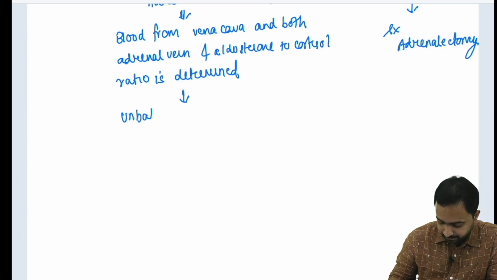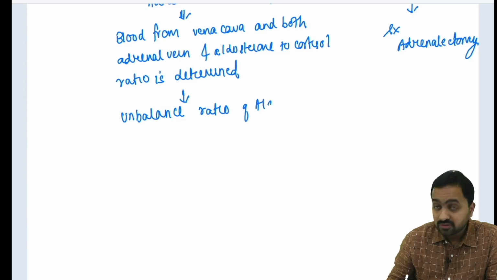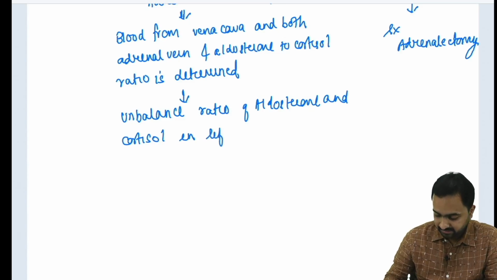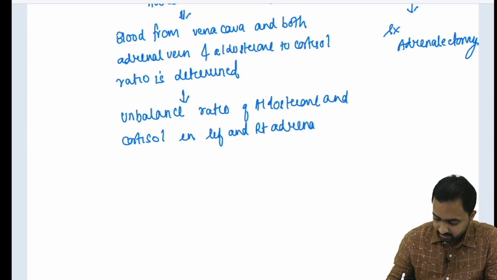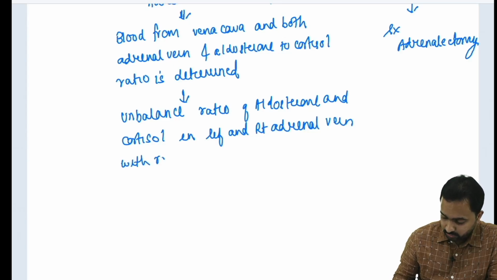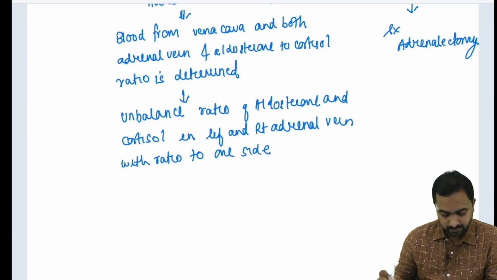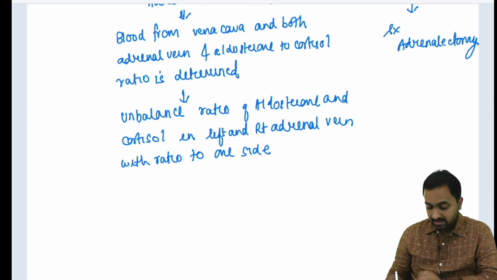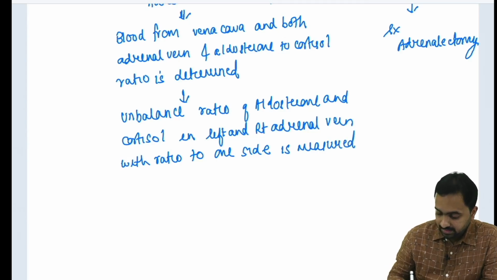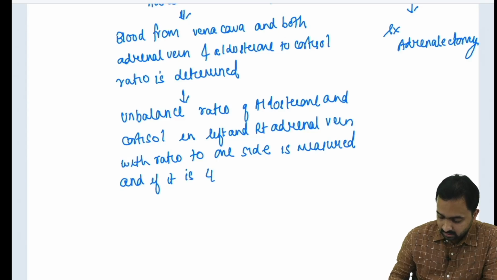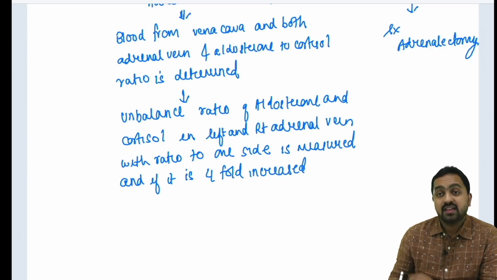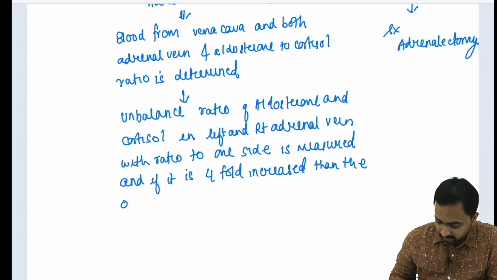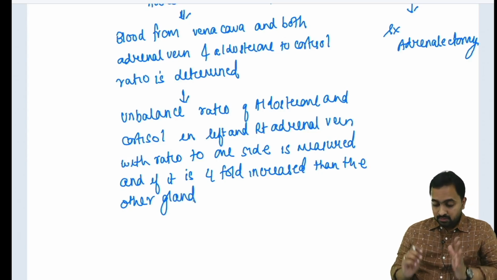The unbalanced ratio of aldosterone to cortisol in the left and right adrenal vein, with the ratio to one side, is measured, and if it is fourfold increased compared to the other gland, I repeat this part here.